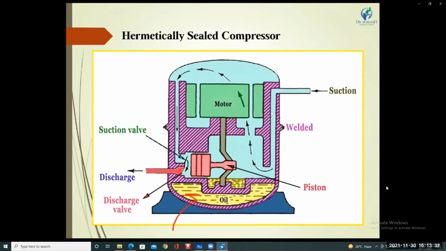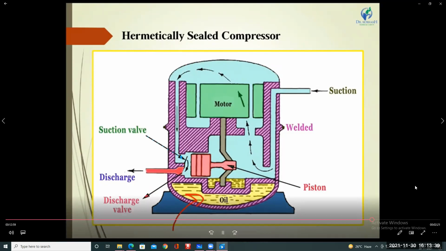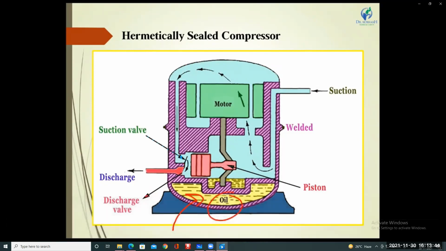Here is the bottom. The yellow portion is the oil inside the compressor. This oil is used for lubrication of the mechanical component parts. Because of that, we weld the two portions, the top and bottom of the compressor.